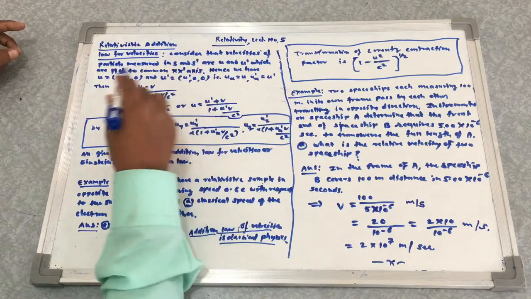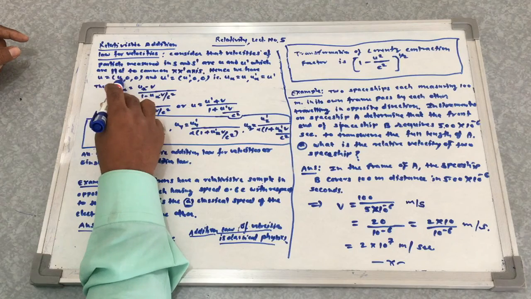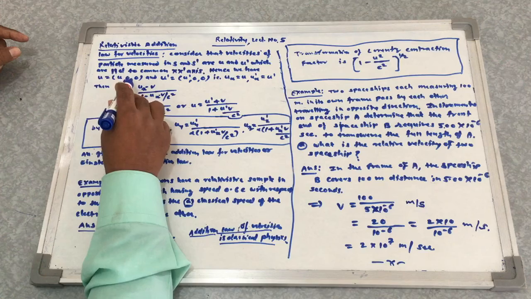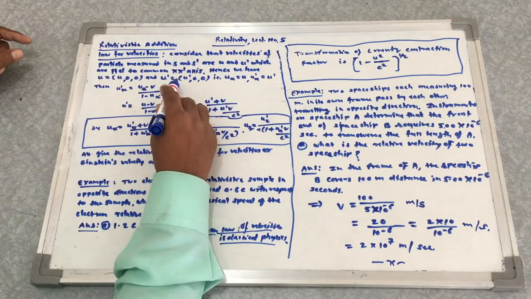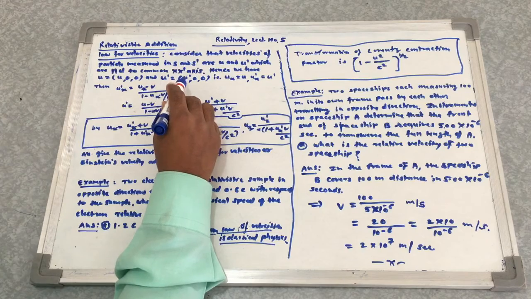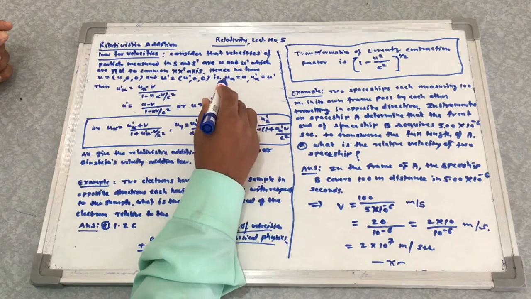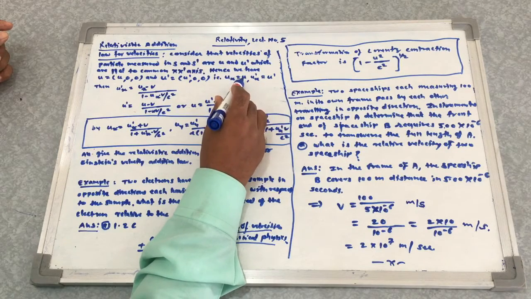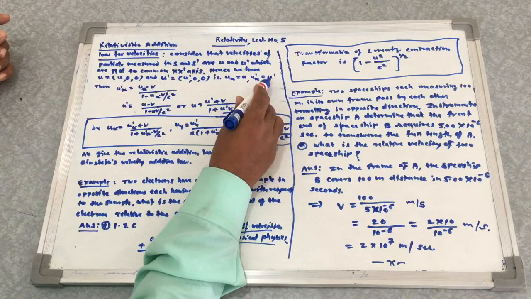Hence U can be written as (U, 0, 0) and U dash is equal to (U dash, 0, 0). That is, U suffix x is equal to U, and U dash suffix x is equal to U dash.